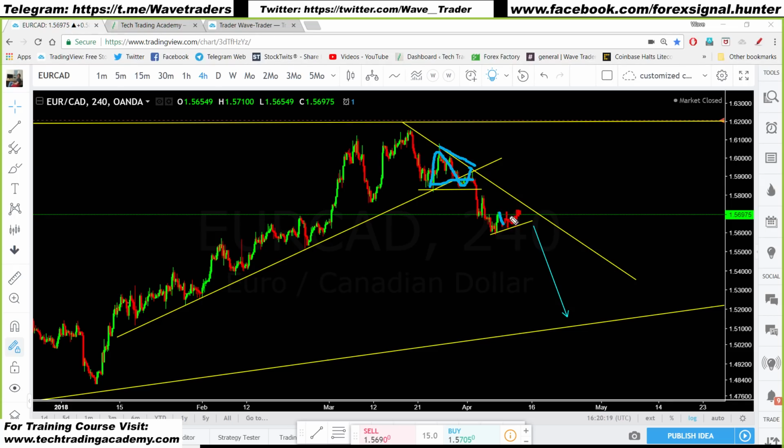If this correction is going to be bigger, as I said, watch for a flag at this area. If you don't see a flag and price tests that top again, you're going to be lucky to get a chance to sell again from the high. I hope you listened that time and are holding your short position from the high.